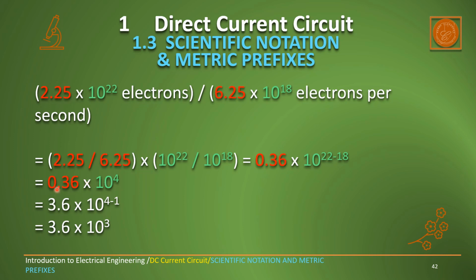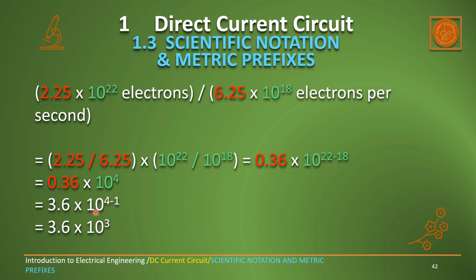We have to move this decimal point from this position to this side, after 3, like this. It should be changed to 3.6. Since this number is increased 10 times, we have to keep the total value the same, so we have to reduce this number by 10.